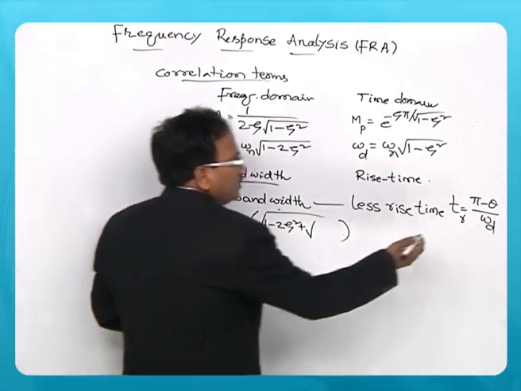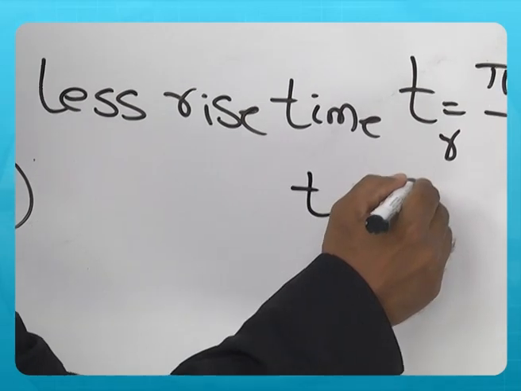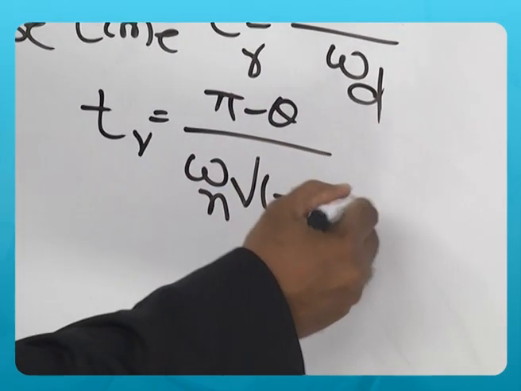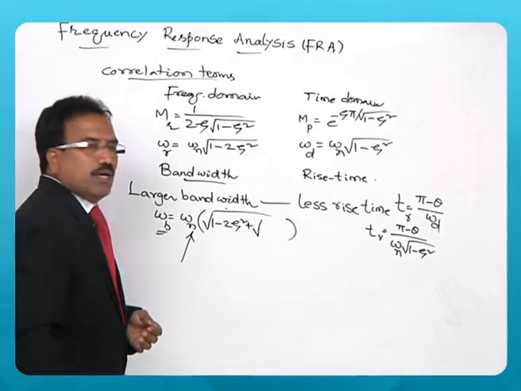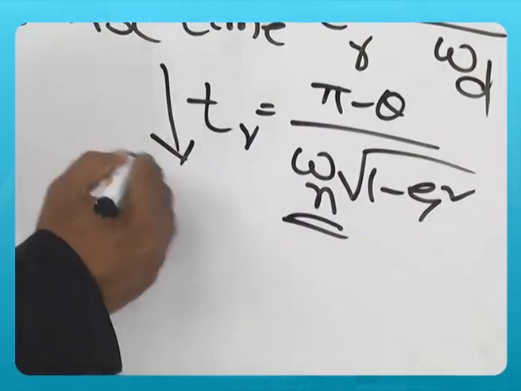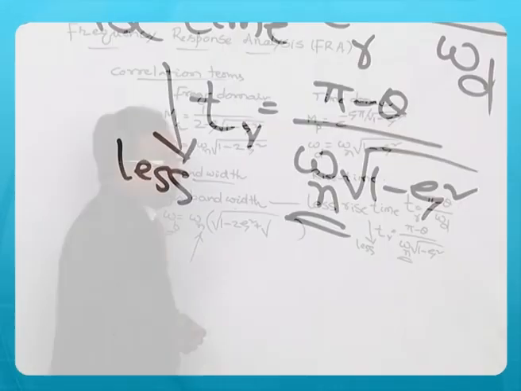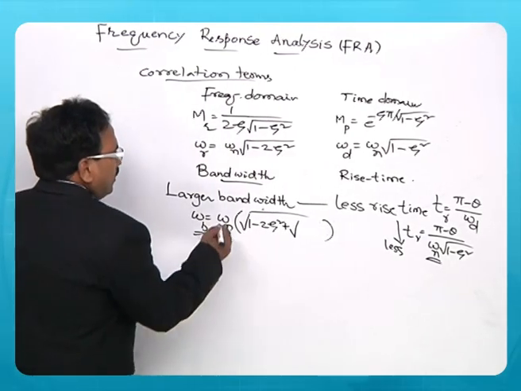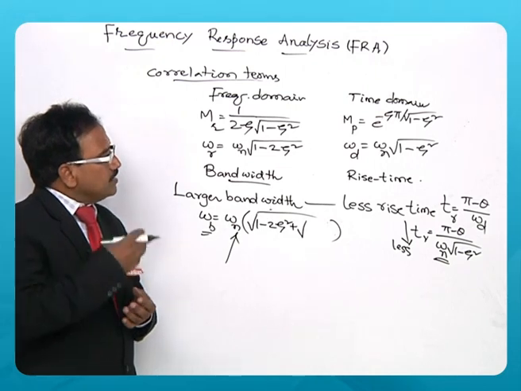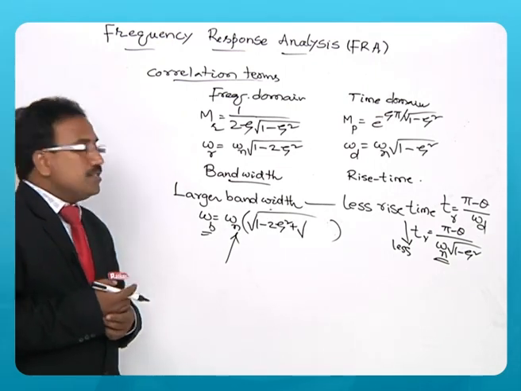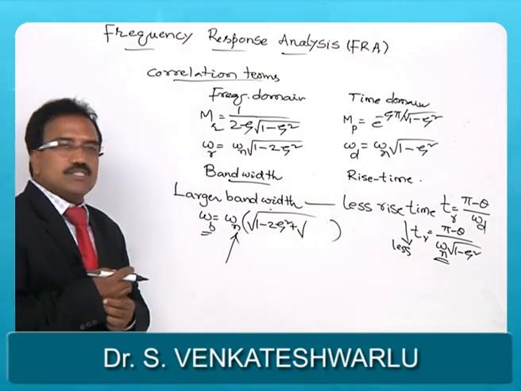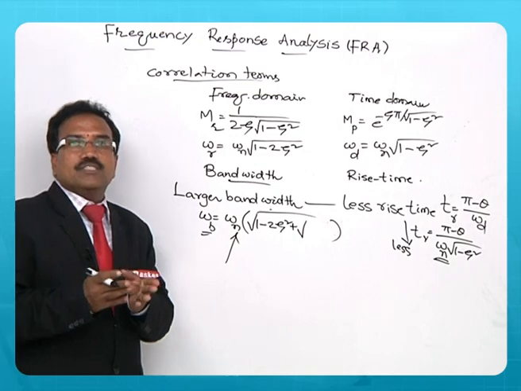So when you see the time domain specification, pi minus theta by omega n under root of 1 minus zeta square, for larger omega n the rise time is less. So larger bandwidth in frequency domain is the same as less rise time. It means the time required for the response to reach the 100% steady state value is less, which is a good sign.